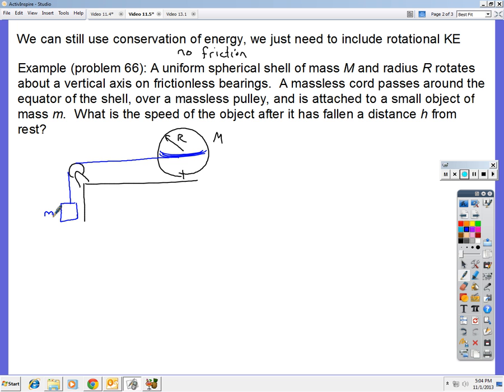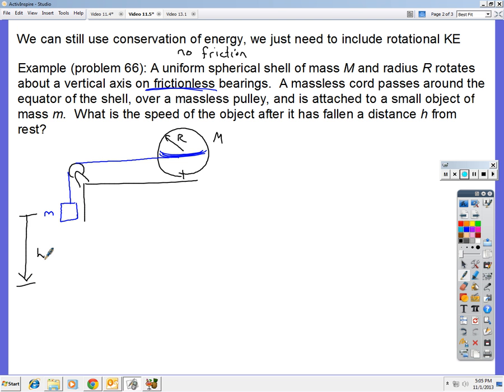Frictionless bearings means we can use conservation of energy. The cord is massless, that makes it easier. This pulley is massless too, which also makes it easier. And then we want to find how fast this is going after the mass has fallen through a distance h.